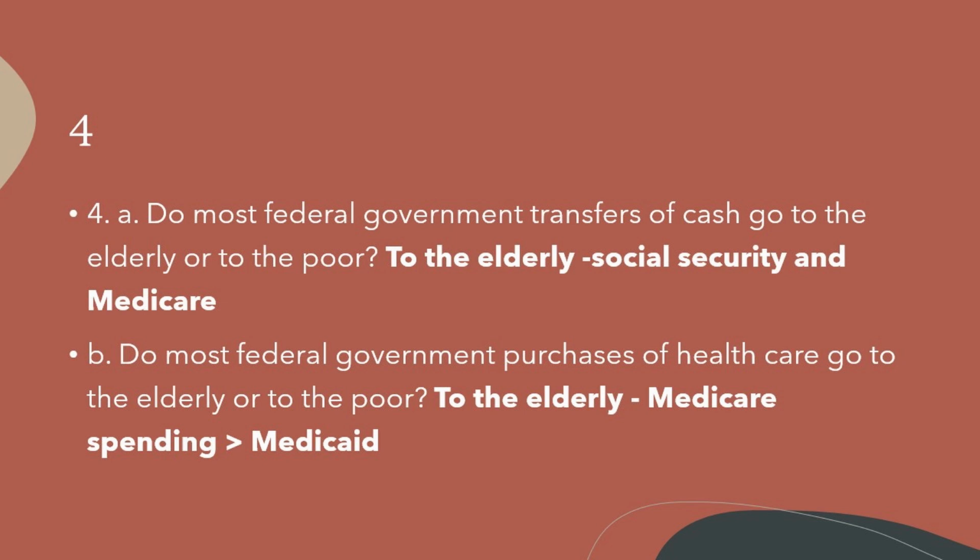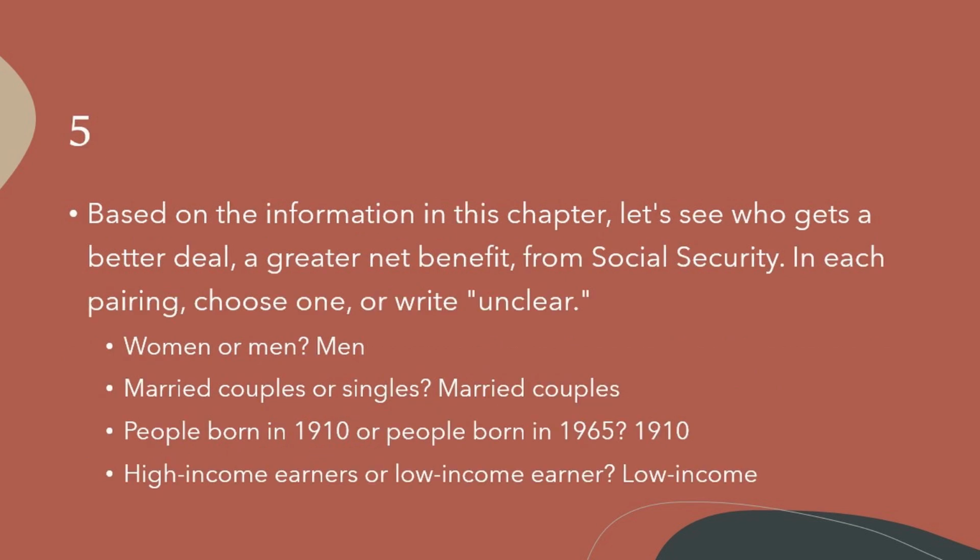In question 5, we're looking at who gets a greater net benefit under the Social Security program. Comparing women versus men, men get a greater benefit because they statistically make more than women do, so that increases their Social Security payouts.